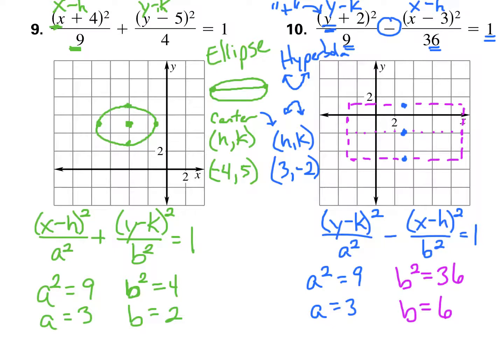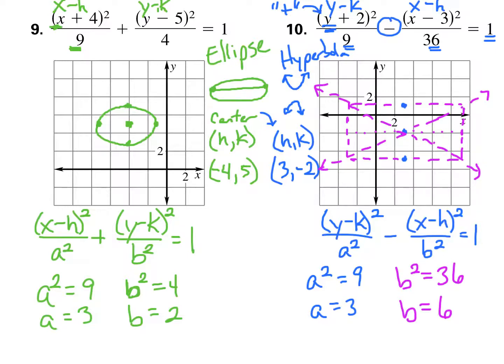And then from there I'll go ahead and draw my asymptotes as best as I can. Okay, not too bad. And then going the other direction, draw my diagonals to get my asymptotes, and of course when we get these done, that means that we're ready to draw the branches of our hyperbola.